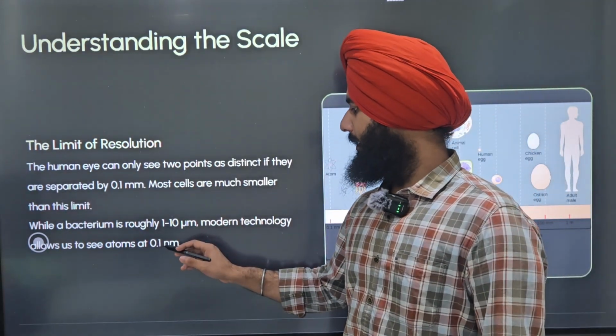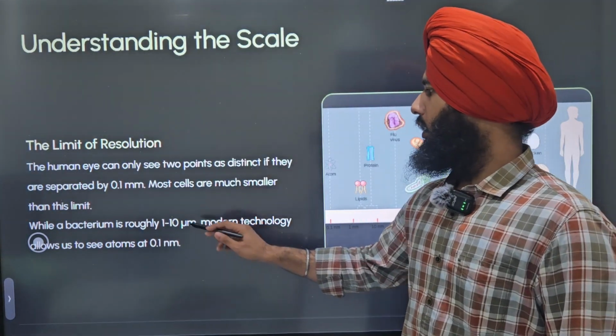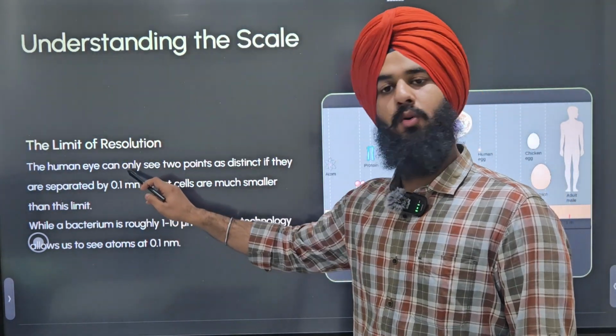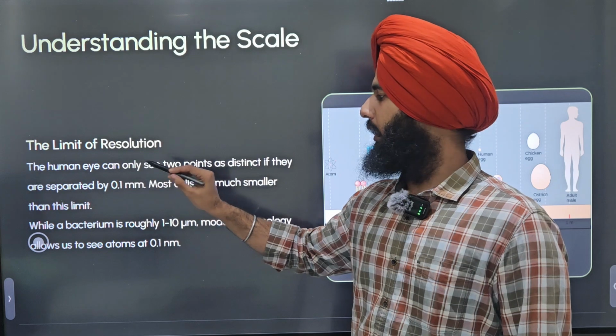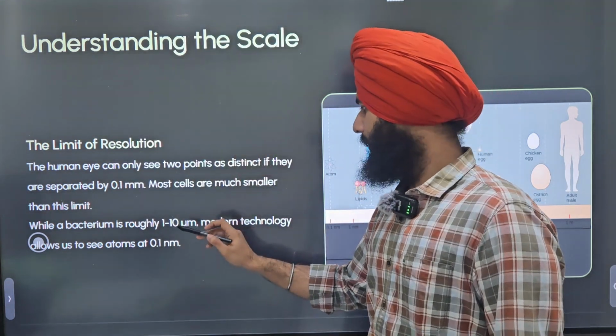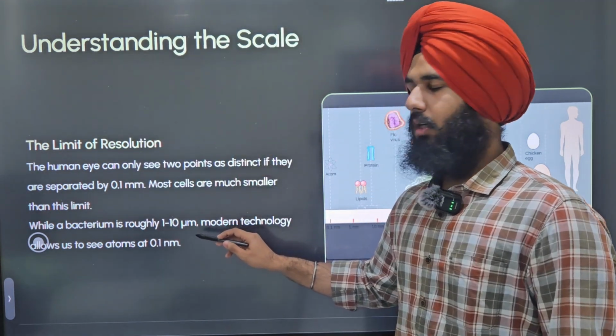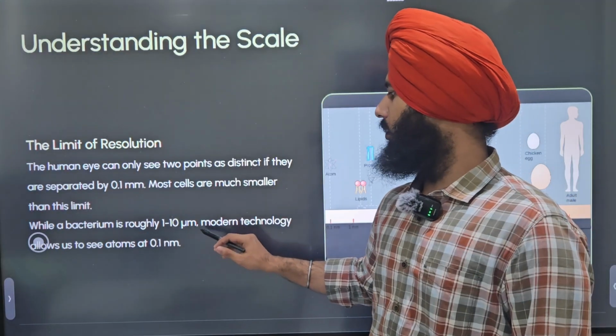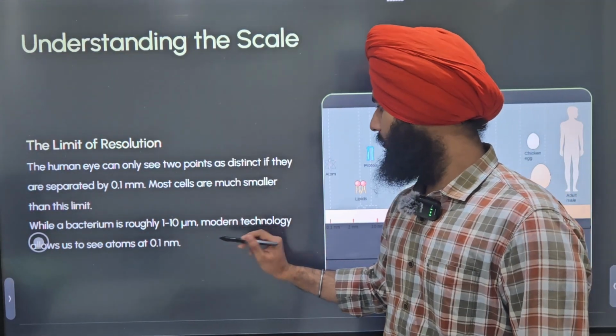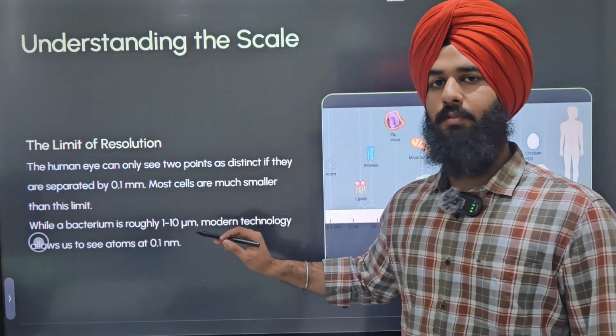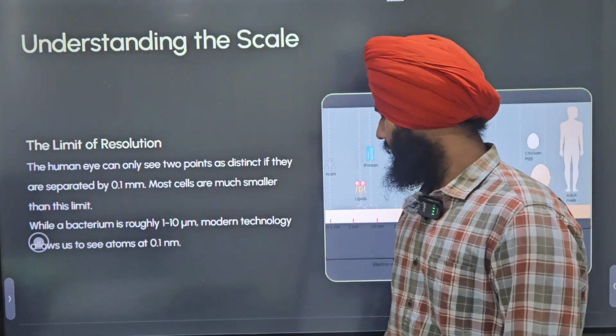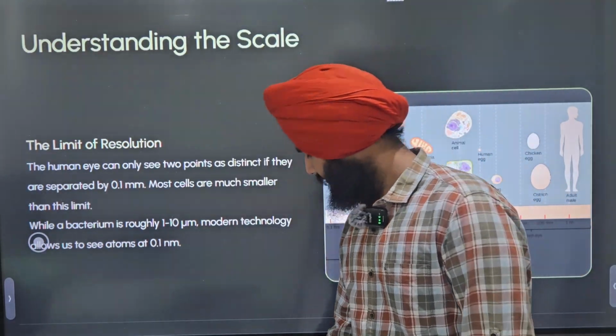So atoms are at nanometer scale, which is very small. The human eye can see up to 0.1 millimeter, making 2 points distinct. The bacterium is at 1 to 10 micrometers, and meanwhile the atoms are at 0.1 nanometer, which we cannot observe.